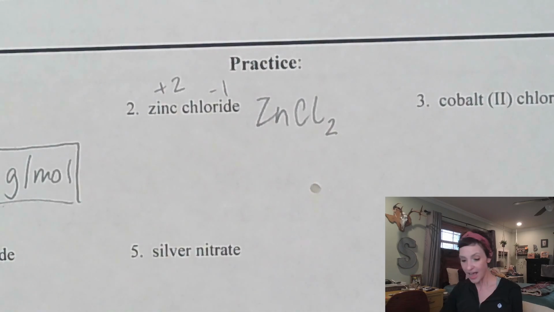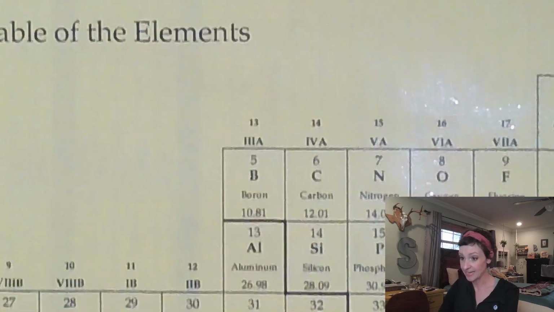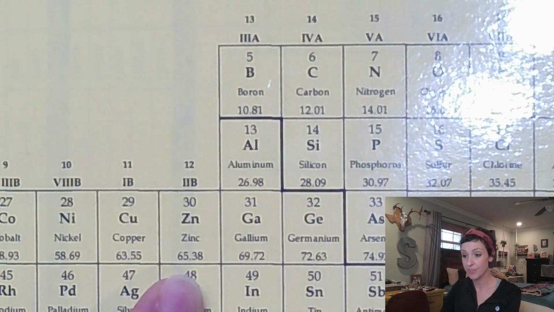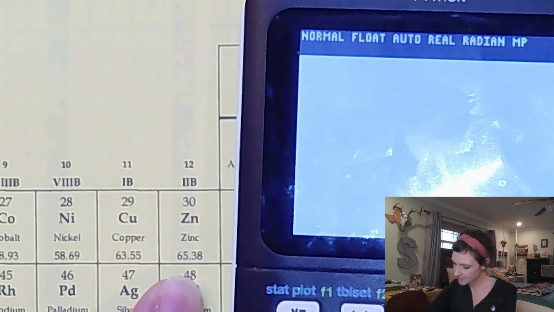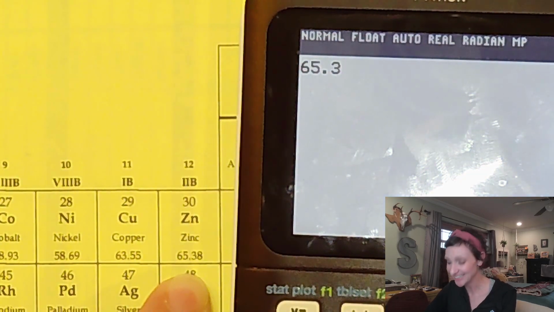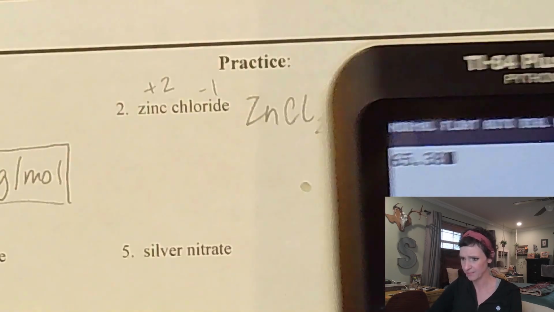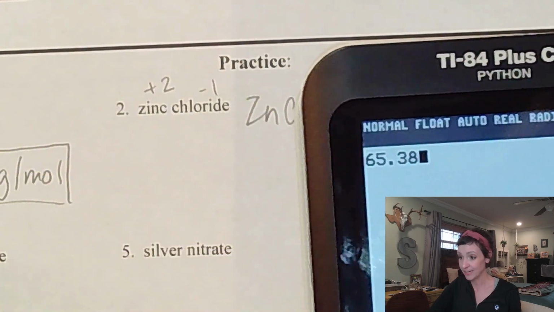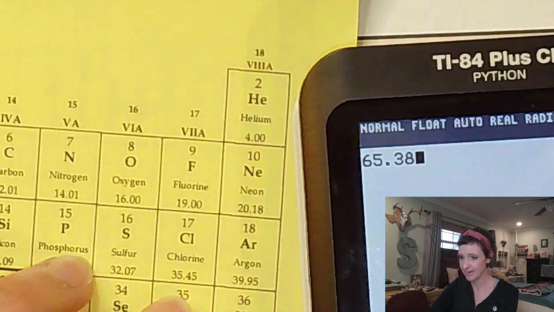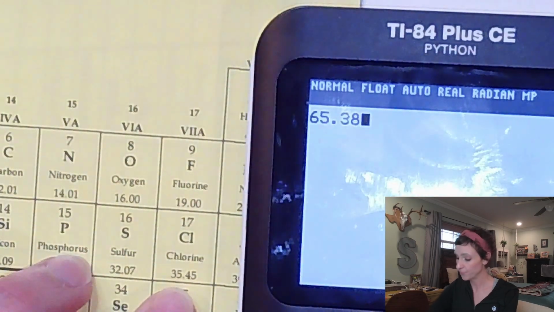I'm ready to go. I need to find zinc. There's only 1 of him, but what is zinc's molar mass? Zinc has 65.38, so I go 65.38. Okay, and there's only 1 zinc in my zinc chloride formula, right? And now I have to find chlorine, and chlorine is right here. He's got 35.45.